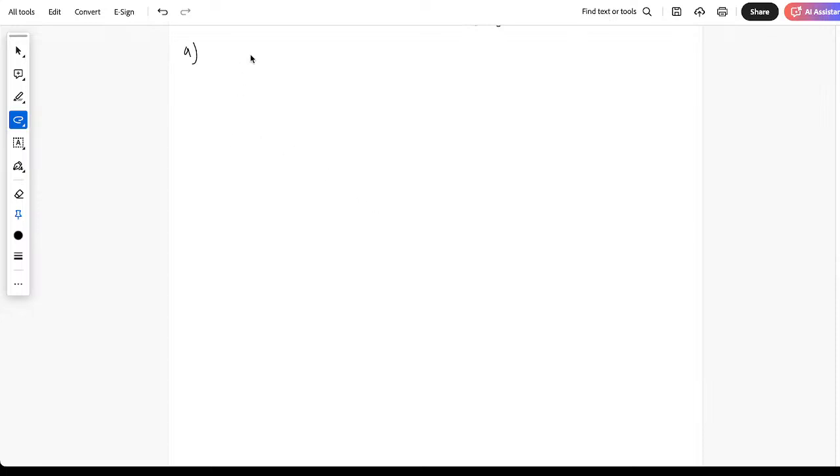Okay, so part 1, because there's 3 parts. Part 1 says A equals 6, B equals 16, and angle A equals 36 degrees. Okay, so let's just make a little triangle here.